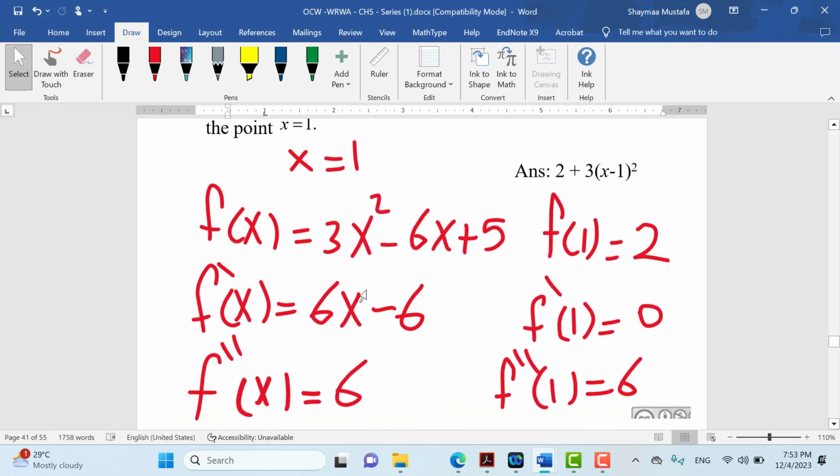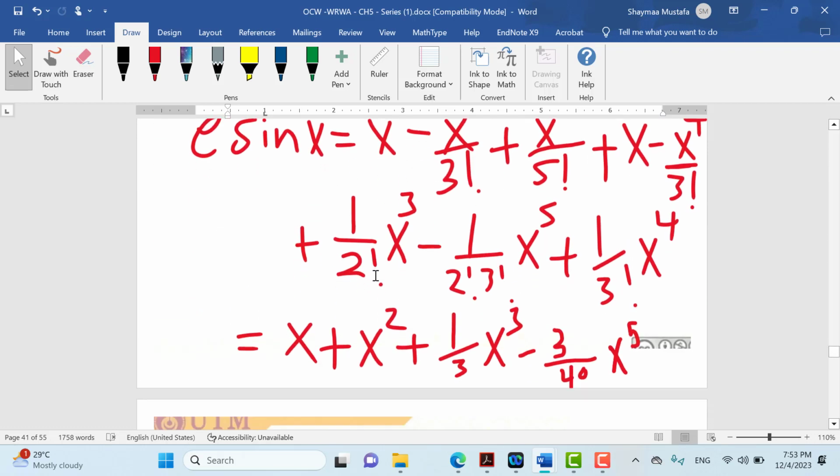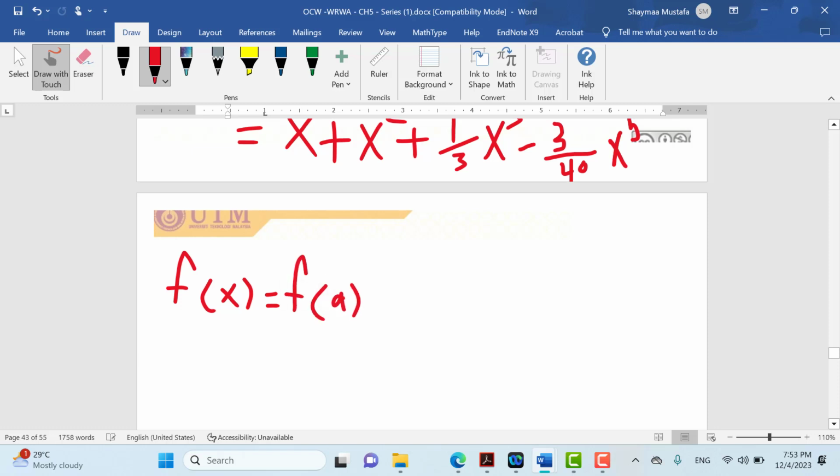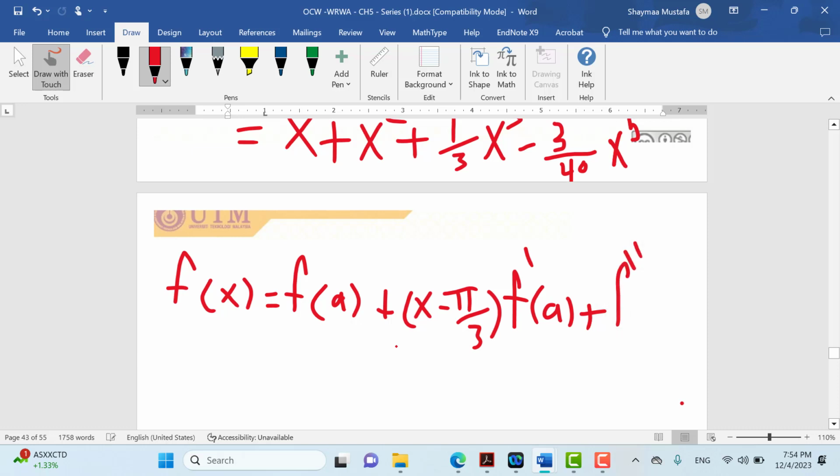Okay, following the first one, f of x, or cos x, is equal to f of a plus x minus pi over 3 times f prime of a, plus the second derivative of a times x minus pi over 3 squared over 2 factorial.